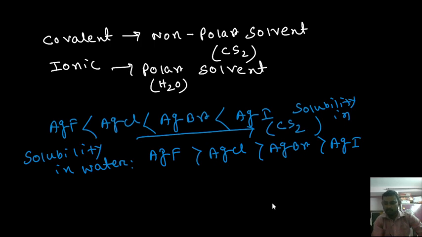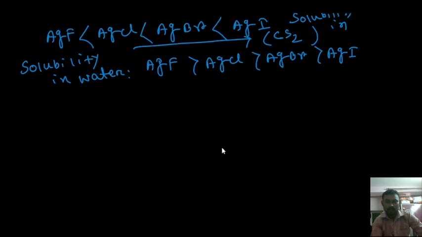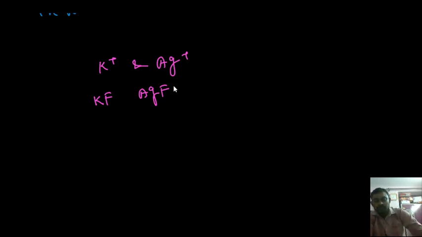Another thing I want to tell is that anyone can ask: for K plus and Ag plus, suppose for this case the same anion, say KF and AgF. For these two compounds, which one will be more covalent?